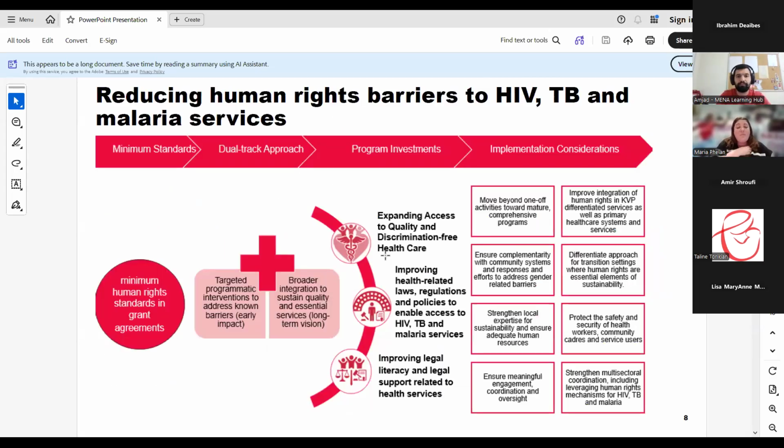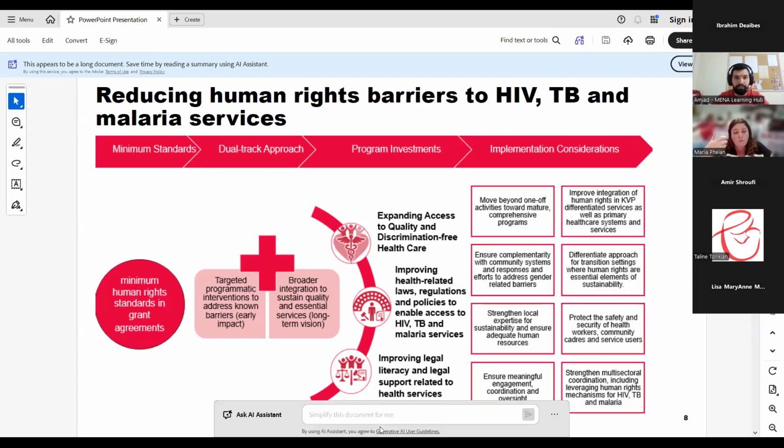So just a little moment on the reducing human rights barriers piece, because I think it's quite important in relation to KP programming. As you can see, there's a cascaded approach starting with the minimum human rights standards in grant agreements, and then a dual track approach.